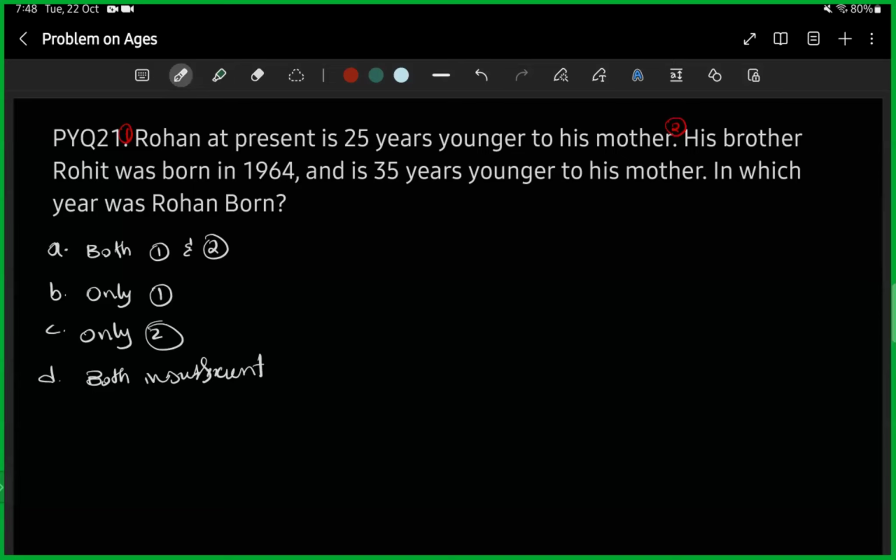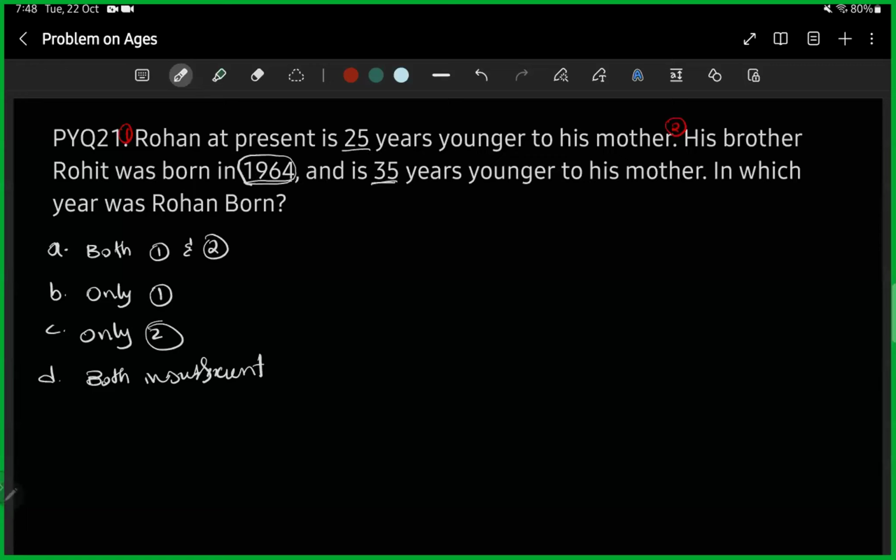So there's a 10 years difference between Rohan and Rohit. If Rohit was born in 1964, for those not getting the answer, 35 years younger to mother, 25 years younger to mother, which means 10 years difference. So if the younger brother was born in 1964, then you have to go 10 years back, so that is 1954.